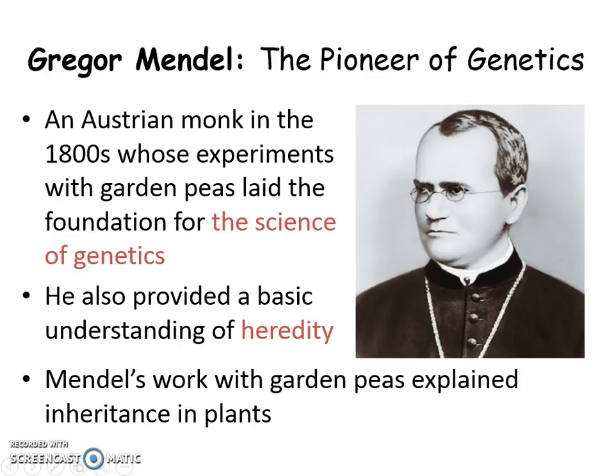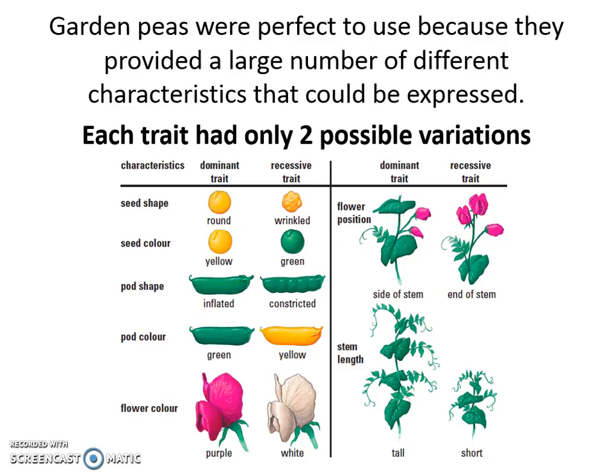Through his work with pea plants, he came up with many laws that still hold true today as the laws of genetics. Garden peas were perfect to use for Mendel's experiments because they provided a large number of different characteristics that could be expressed, and each characteristic only had two possible variations. For example, seed shape was either round or wrinkled.